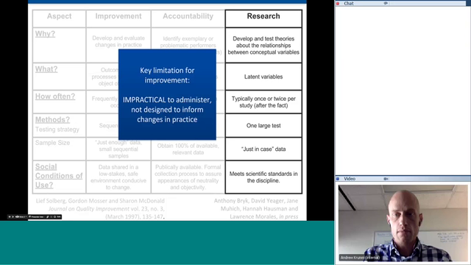If you switch over and you think about measures that have been developed for research purposes, there's a whole host of different kinds of research purposes. But if we just take one, for example, where you're oftentimes trying to understand the relationships between very conceptual variables. So what do we know about, say, something like agency and self-efficacy, right? Trying to understand what the relationships are between those specific conceptual variables. And what we'll end up doing on a regular basis here is collecting a lot of information at a few time points, so that we can precisely measure various constructs.